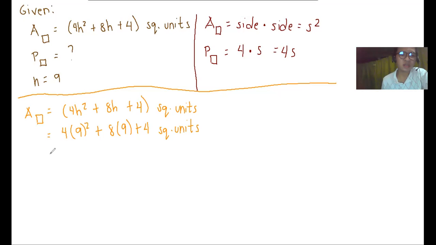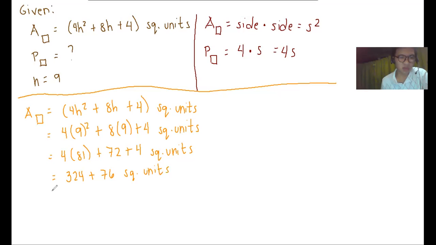Solving, we have 4 times 81 is 324, plus 8 times 9 is 72, plus 4 is 400 square units. Finally, the area of the square, given that h is equal to 9, is 400 square units.